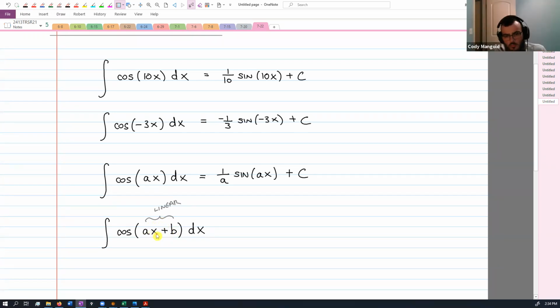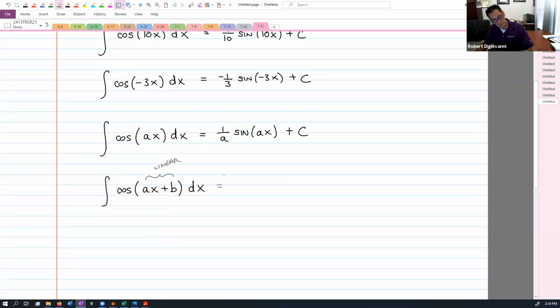Just a, right? Because the b doesn't matter. When you take its derivative, it goes away. So you'll still have to scale by the a, but you don't have to worry about the plus b. So this would become 1 over a sine of ax plus b, plus c.